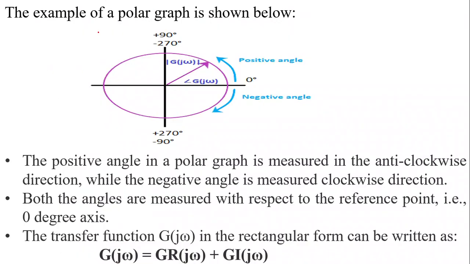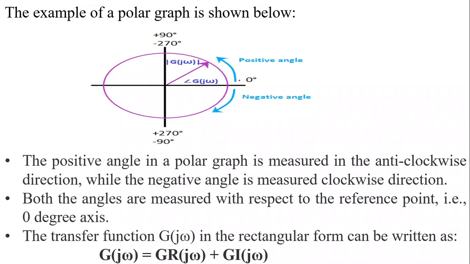This is the representation of the polar plot. On the x-axis we have 0 degree, and here we have a unit circle. This is our polar graph representation. In this polar graph we represent the points in terms of magnitude, that is the magnitude of G(jω), and in terms of phase angle, represented as the angle of G(jω).